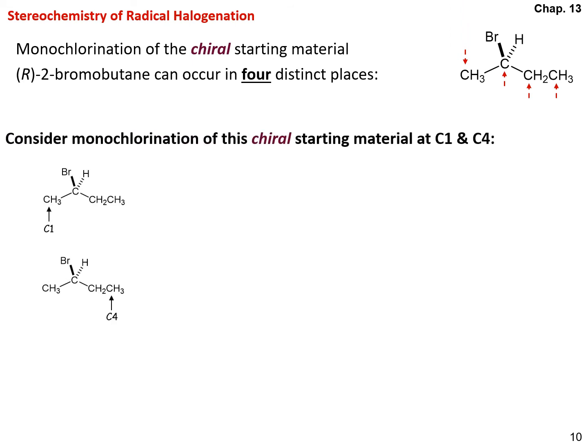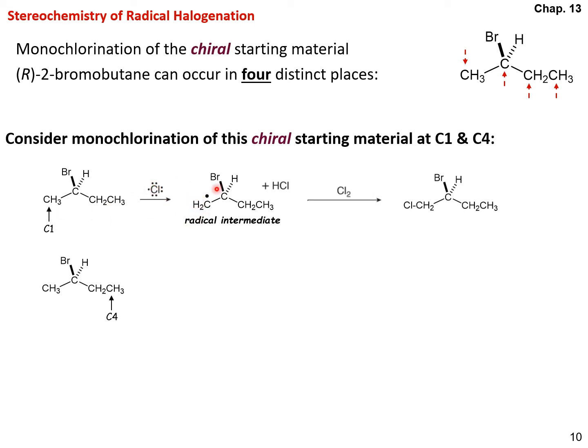What happens when you perform free radical halogenation on a chiral starting material? In this case, it's a single enantiomer of 2-bromobutane, R-2-bromobutane, and you can monochlorinate in 4 distinct positions. Let's start by examining free radical chlorination at C1 and C4. The first propagation step, when you chlorinate at C1, generates this radical.